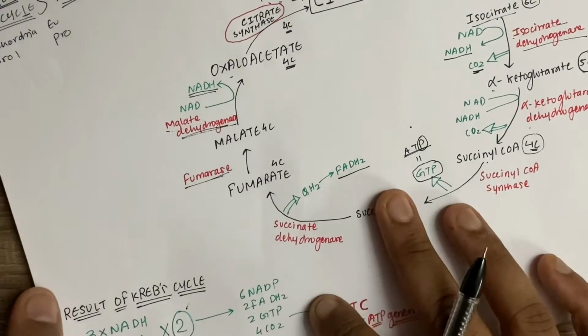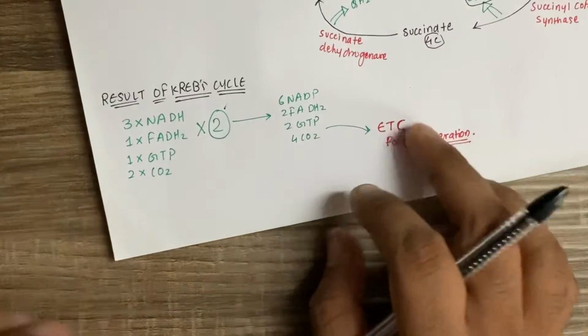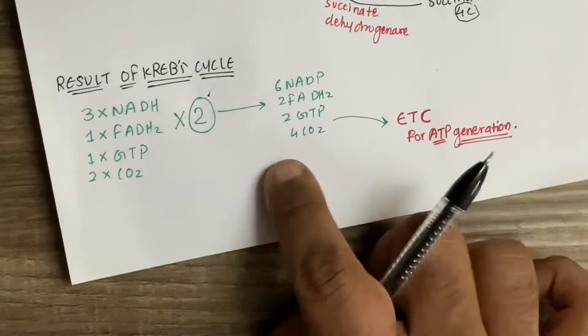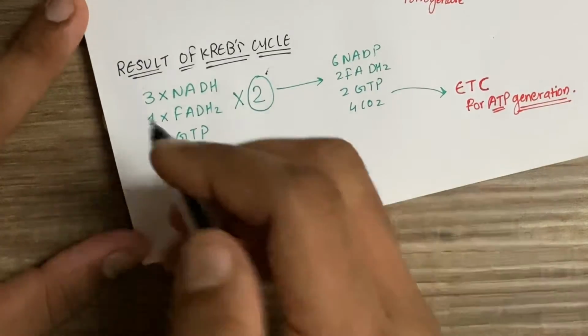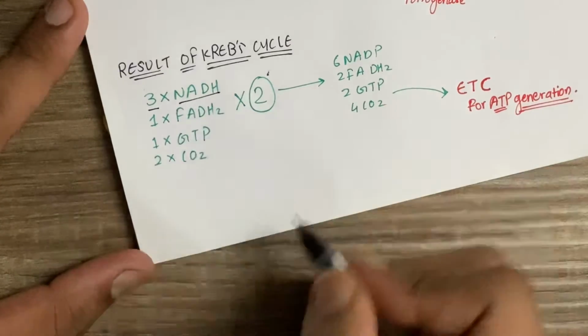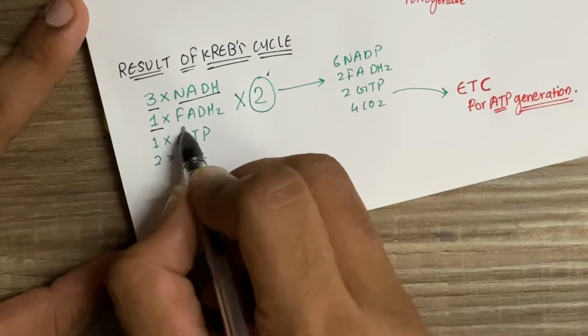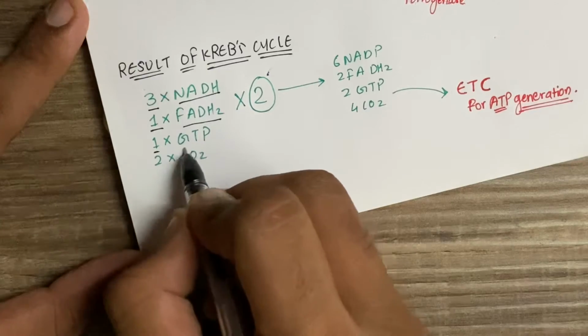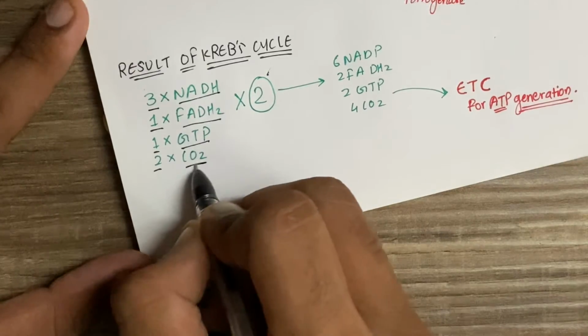So the main result over here: in this whole cycle, there are 3 molecules of NADH, 1 molecule of FADH2, 1 molecule of GTP, and 2 carbon dioxide molecules.